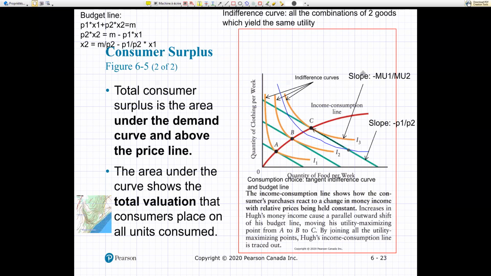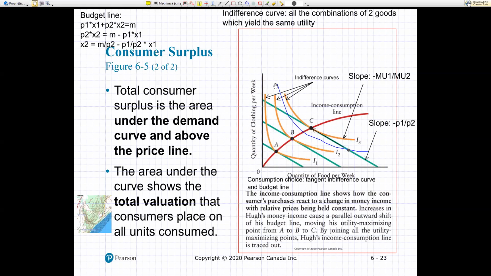So the higher you get, the happier you are, the farther to the right and up you are. So here you're happier, but you have an infinite number of these lines because I could draw an infinite number of altitude lines, right?